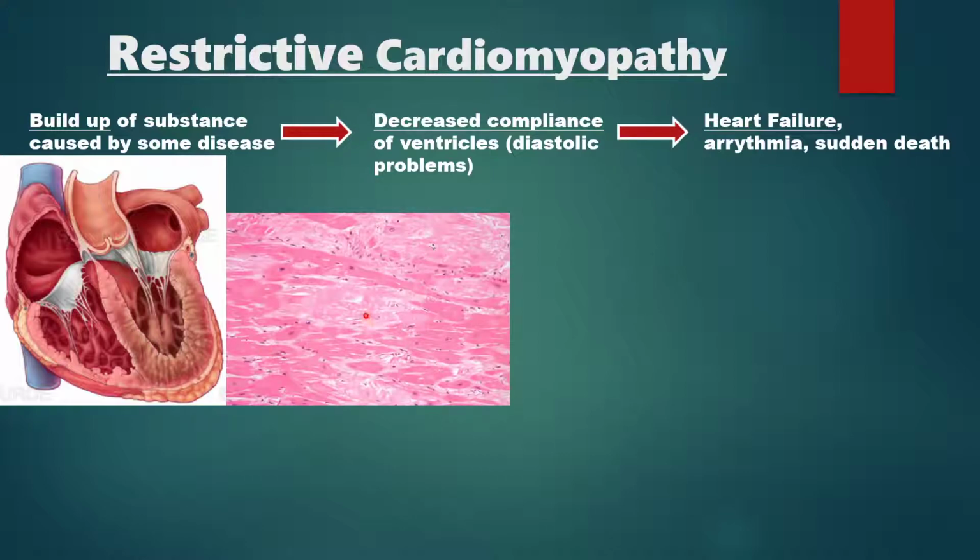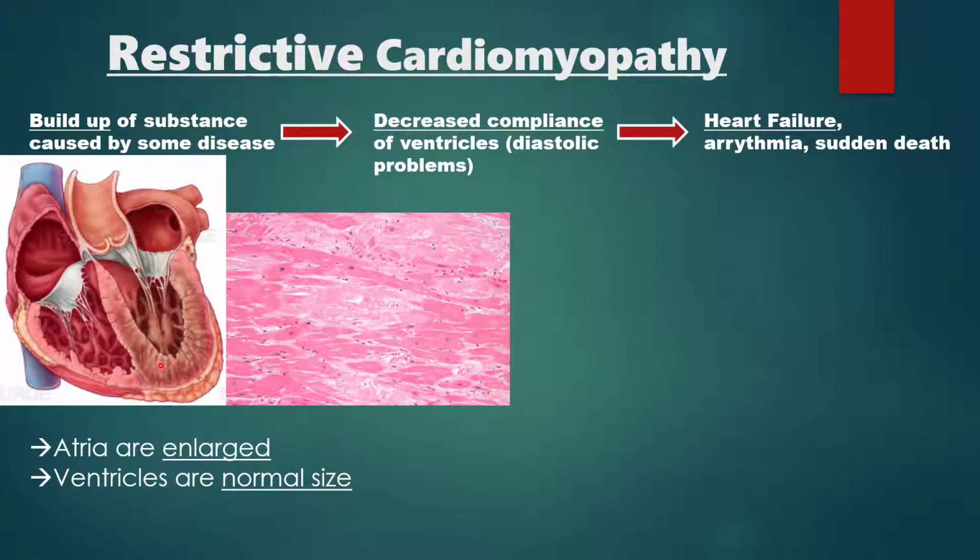And this is a picture of something that can build up. This is amyloid. All these are the myocytes here, and then in between, you see this pink material. This is all amyloid built up into the muscle fibers, into the myocytes, causing the decreased compliance of the ventricles, diastolic problems.